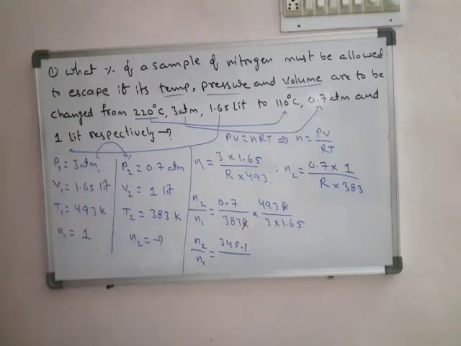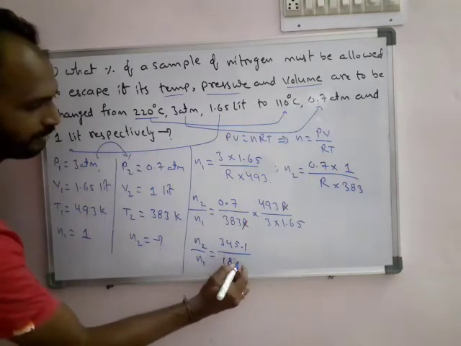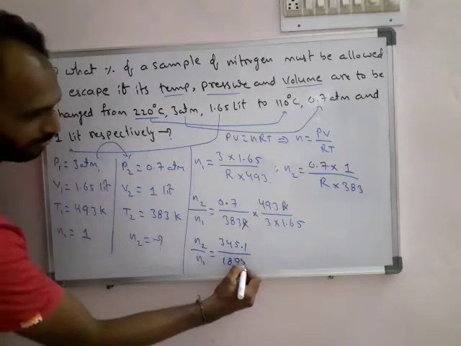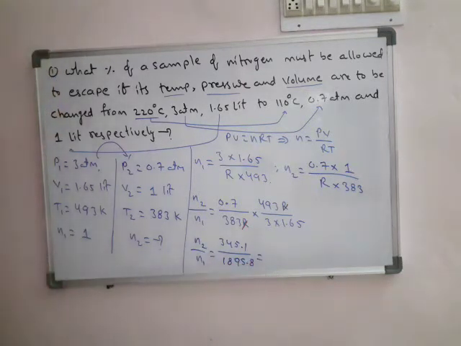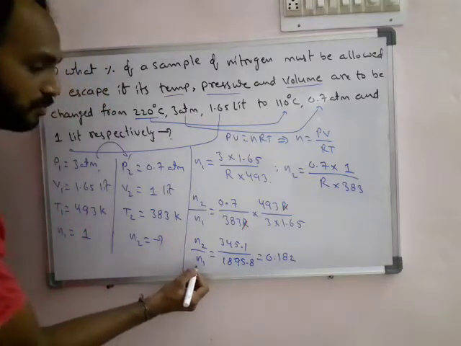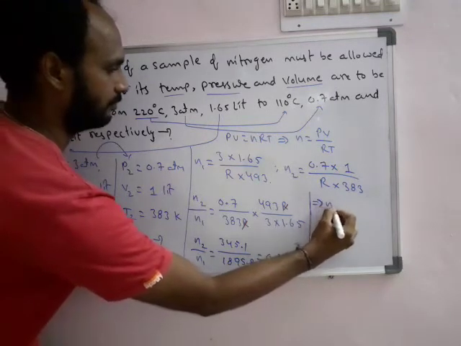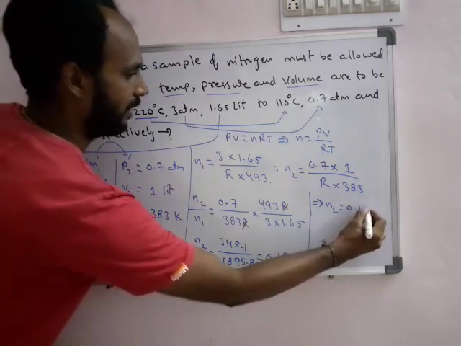Then what is the denominator? Approximately 1895.8. So on this overall calculation, we will get 0.182. As we know, N1 is equal to 1, N2 is equal to 0.182.